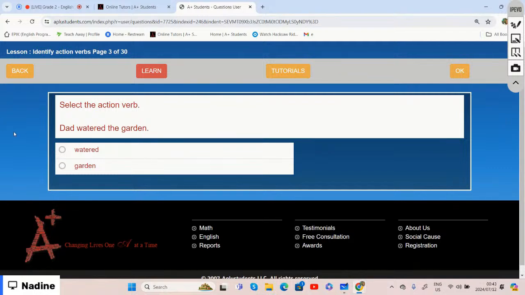Is it watered or is it garden? Dad watered the garden. Is watered our action verb or garden our action verb?